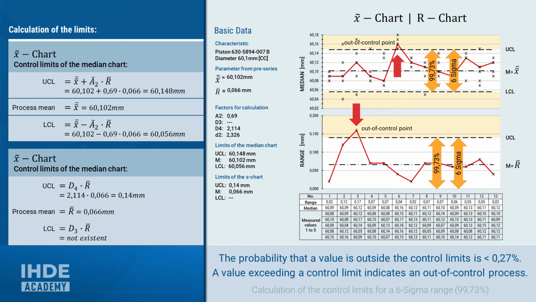Both the median chart and the range chart can show such an event independently of each other. That is because with the median chart, the changes in the process location are monitored, and with the range chart, changes in the process spread are monitored.